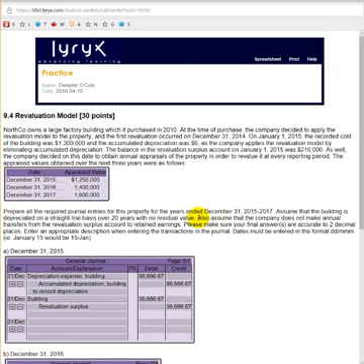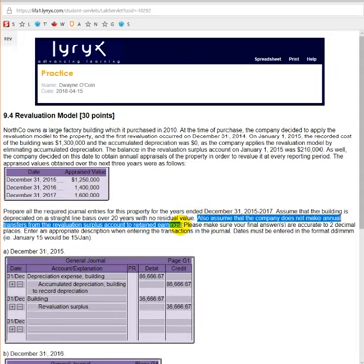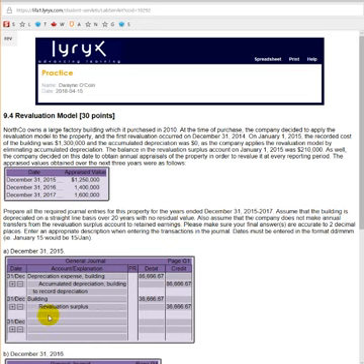Also assume that the company does not make annual transfers from the revaluation surplus account to retained earnings. So they keep track of the revaluation surplus, and they don't actually transfer it into retained earnings. Okay, so that is to record at 1.25 million or some other such description.